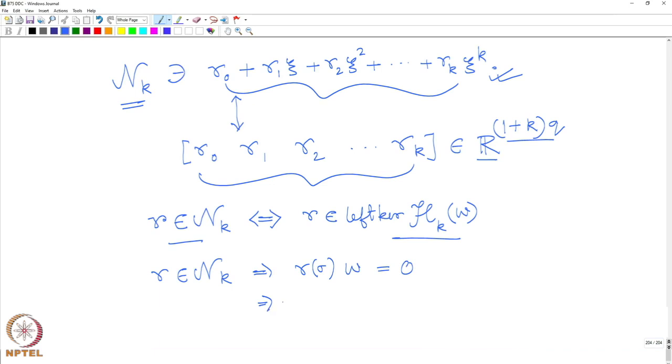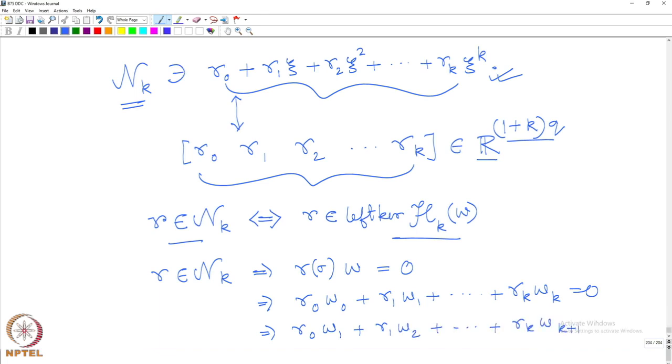So, this would mean that R0 W0 plus R1 W1 plus dot dot dot up to Rk Wk is equal to 0. It will also imply R0 W1 plus R1 W2 plus dot dot dot Rk W(k+1) will be equal to 0.